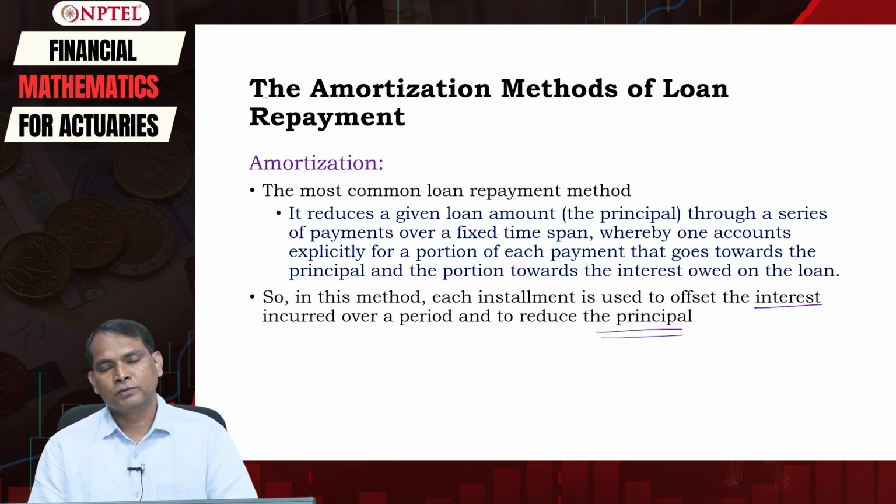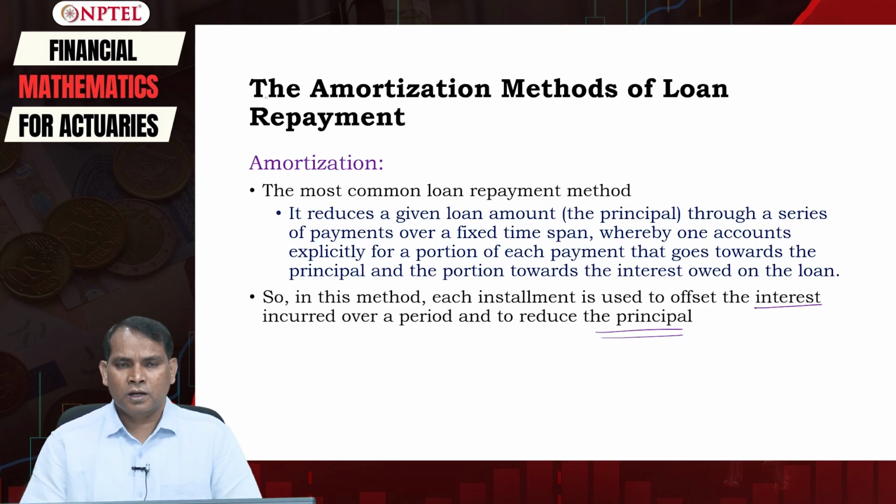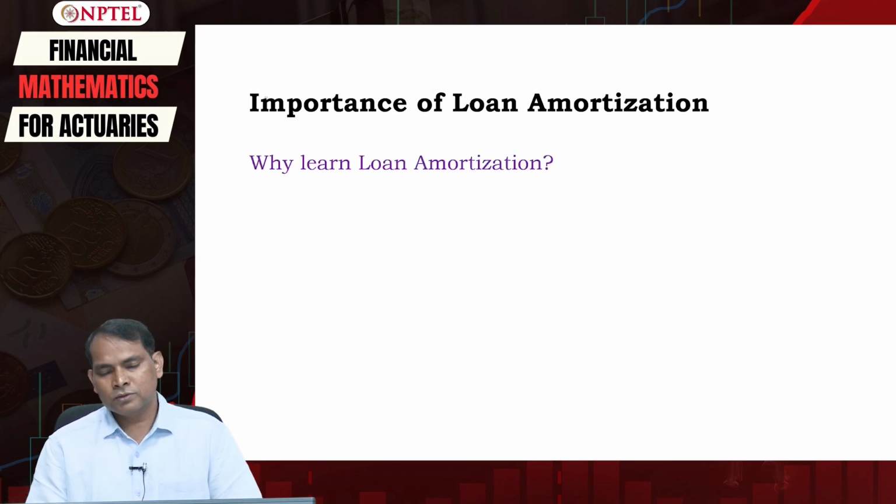And then you can also identify the loan outstanding balance. That means after some installment payments, if you want to repay all of your remaining loan balance, then you can do that only if you know the outstanding balance.